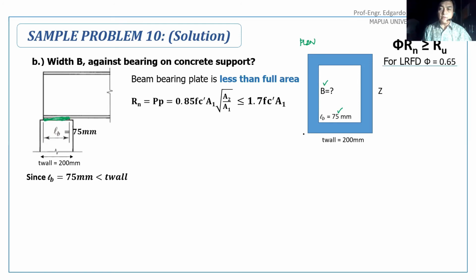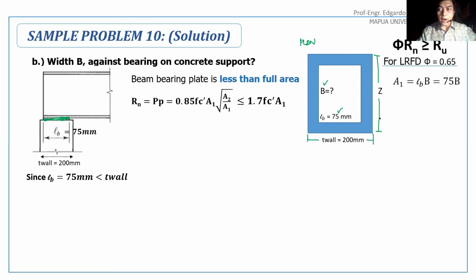So since the thickness of the wall is 200, ito yung pinaka-concrete wall natin. So we will be solving for the corresponding Z dimension para maging proportional, similar yung area ng bearing plate with the A sub 2. So yung A sub 1 natin would be the area of the bearing plate, and that would be 75 times B. Tapos yung area naman natin ng area 2 would be yung area ng kulay blue na rectangle, and that would be 200 times Z.